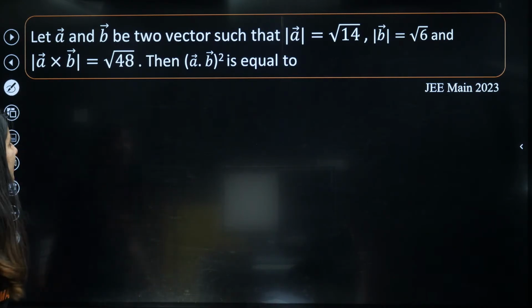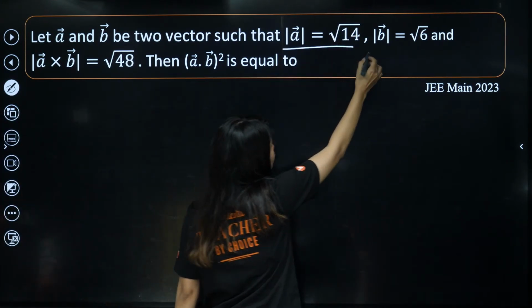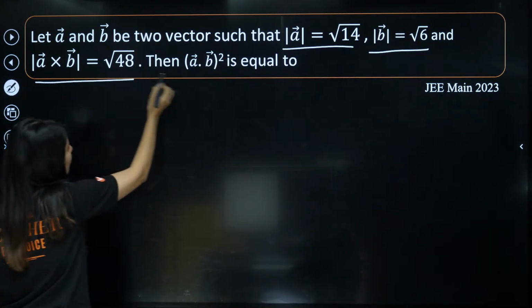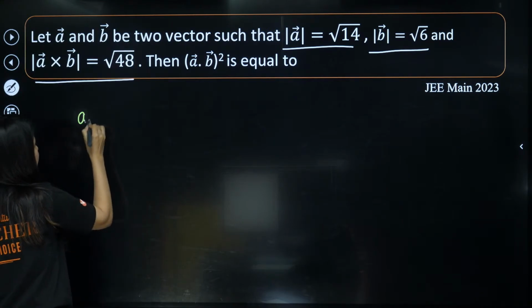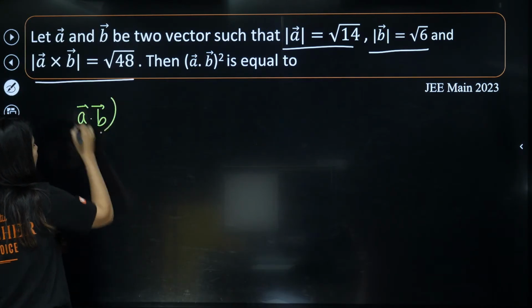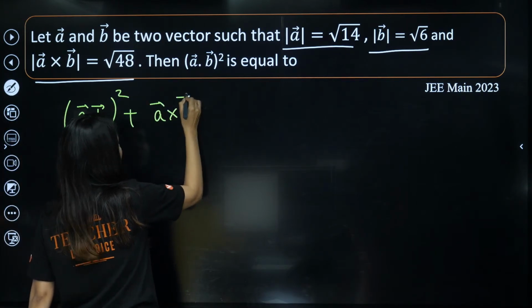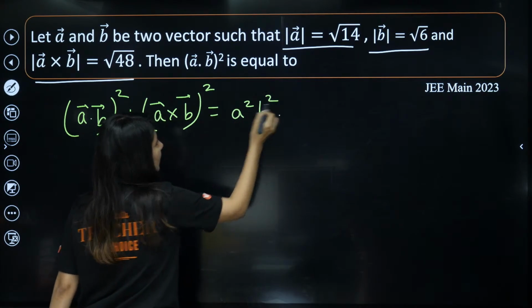Do not worry about this. A and B are two vectors such that magnitude of A vector is root 14, magnitude of B vector is root 6, right? And magnitude of A cross B is given as 48. So you know the Lagrange's identity, which says that the whole square of A dot B plus the whole square of A cross B is equal to A square B square. You know this value.